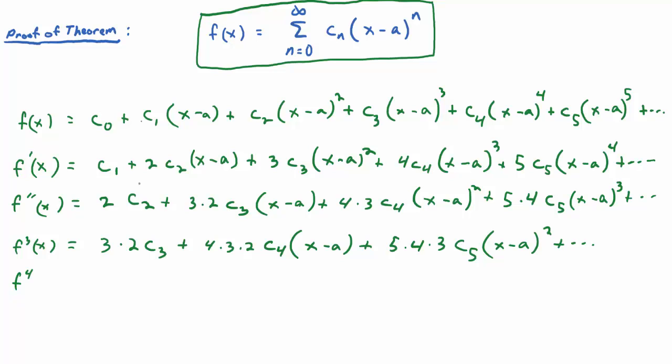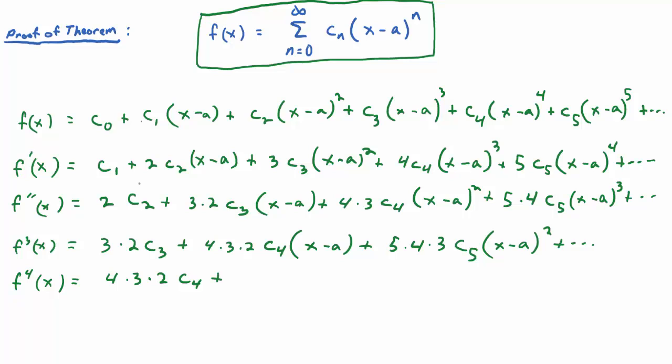Fourth derivative, evaluated at x, what do we get? So this guy's gone, right? 3 times 2 times c3 is a constant, gone, and we're left with 4 times 3 times 2 times just c4.